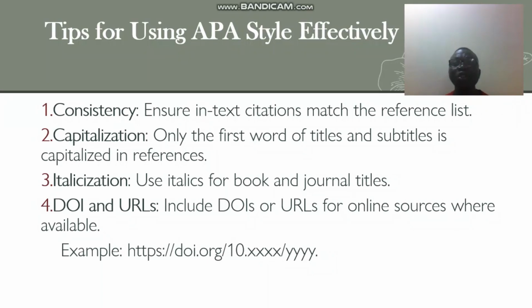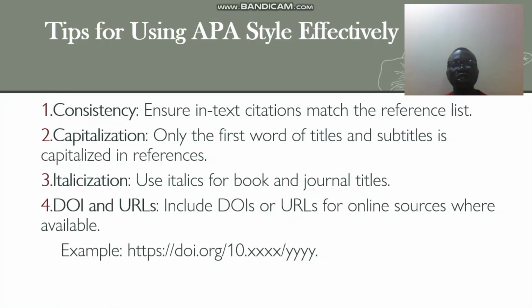Some think you can just copy the list of references from another person's work, put it at the back of their own project, and submit it as if they have done the right thing. That is the wrong thing. That is still part of plagiarism. So to avoid that, please let the in-text citations and your reference list match.